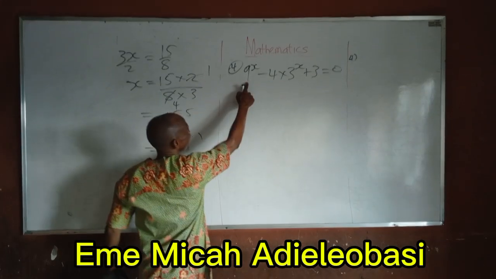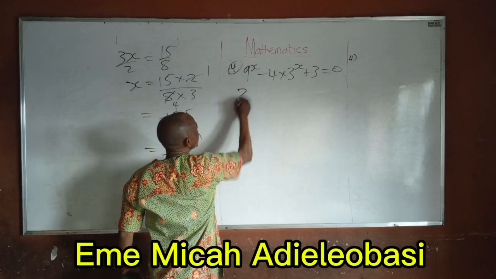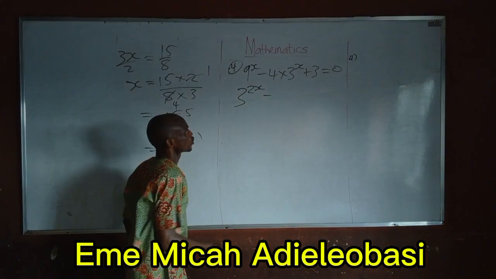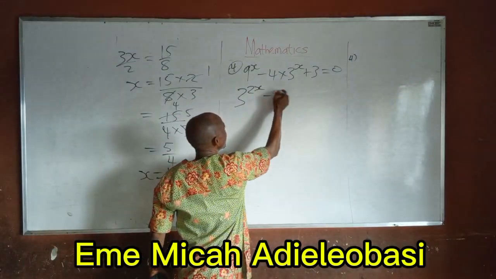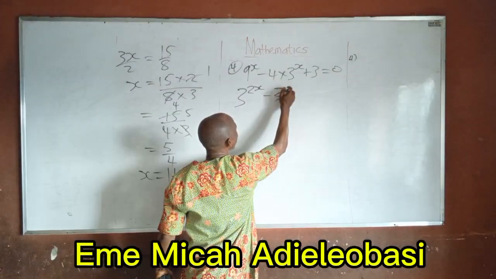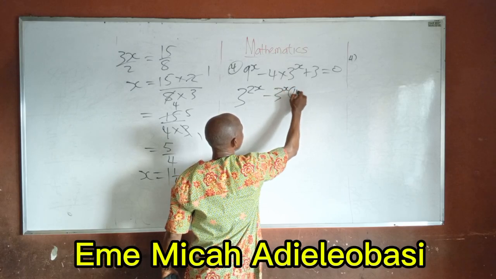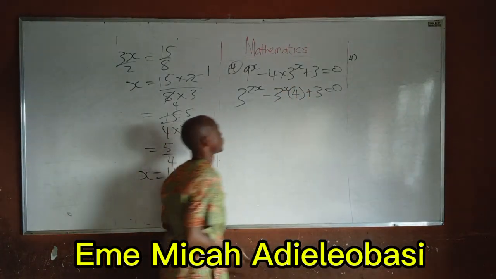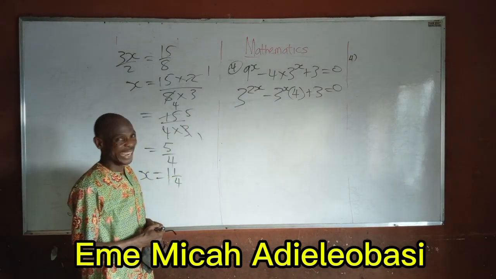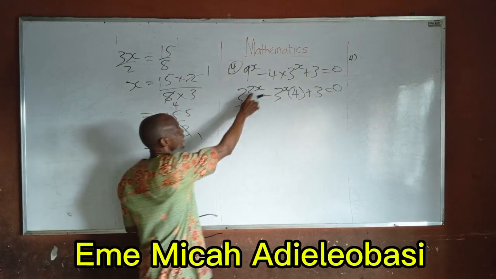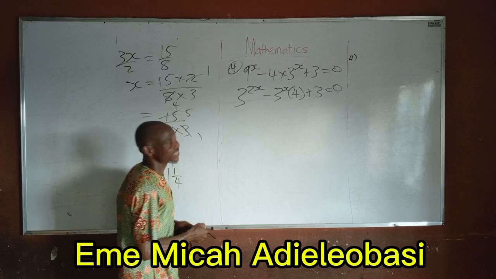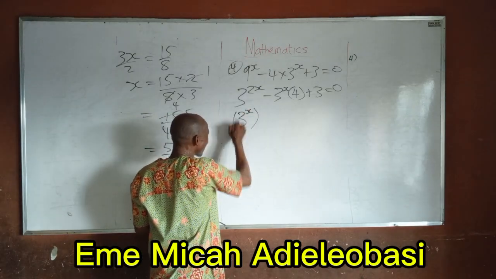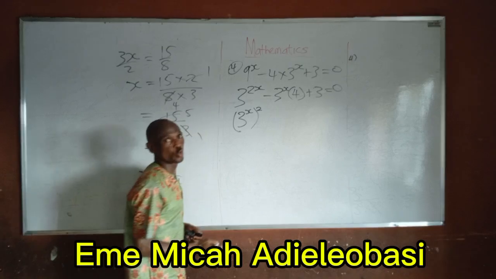Our 9 can be written as 3 raised to power 2 x minus 3 raised to power x, bracket 4, then plus 3 is equal to 0. From indices, we can write this value again as 3 raised to power x, open bracket, raised to power 2.